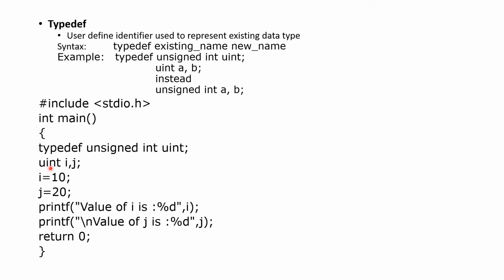So I declare two variables i and j of type uint. It means indirectly I am declaring two variables of type unsigned integer. And after that I assign the values and print the values. Afterwards I can use these variables normally, just like we use normal unsigned integer variables, in the same way we can use these uint variables.